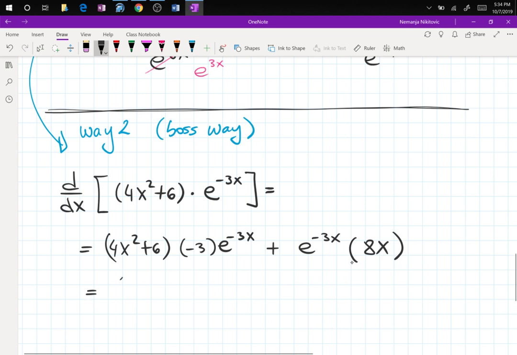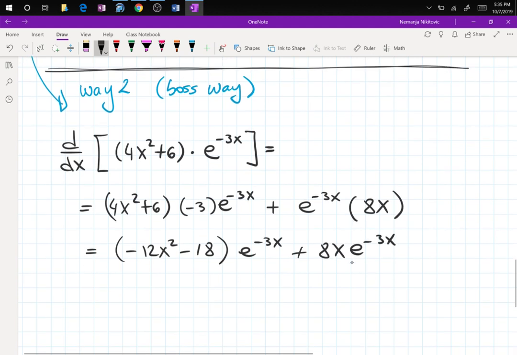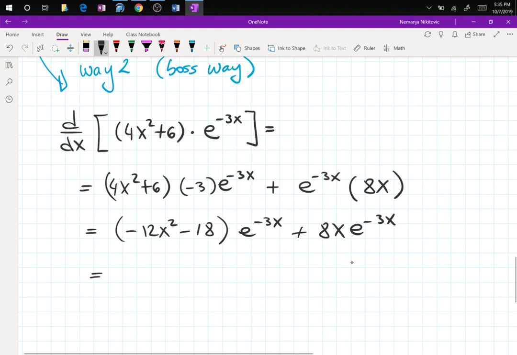Now, when you multiply, you get negative 12x squared minus 18 e to the negative 3x plus 8x e to the negative 3x, and that negative 3x goes into the denominator, so negative 12x squared plus 8x minus 18 over e to the positive 3x when you kick it down. And that's the same answer as you had before. So that's that.